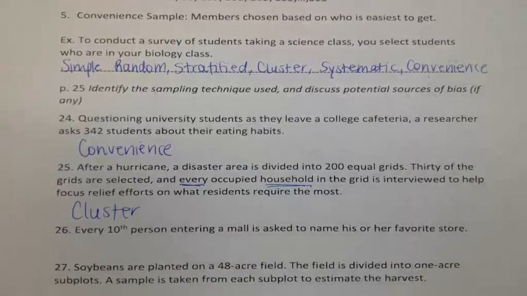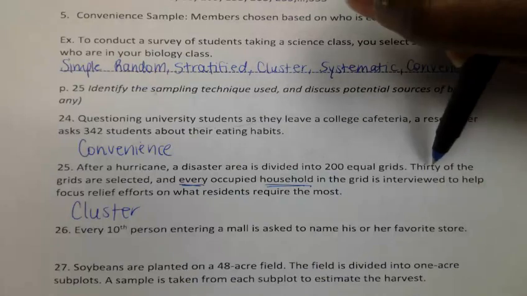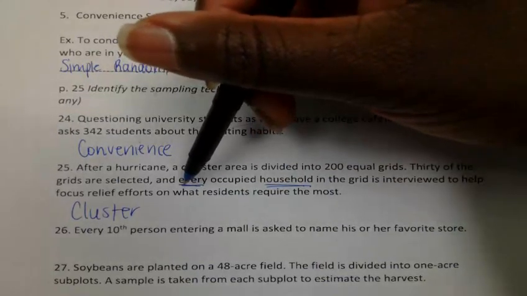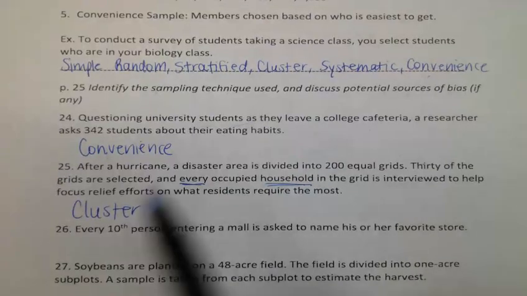So a sample from a sample is stratified. I just came up with it. A sample from a sample is stratified. So this was a sample, but they didn't take a sample, they took all. So that's cluster.